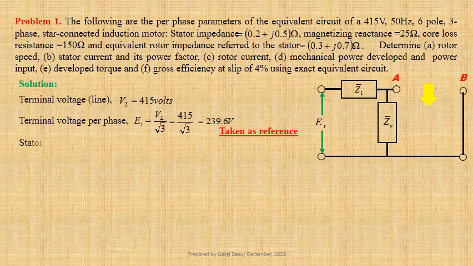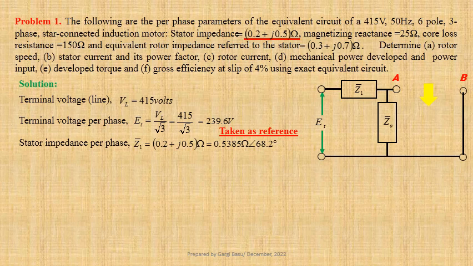Given stator impedance per phase Z1 equals 0.2 plus j times 0.5 ohm. This may be written in polar form as 0.5385 ohm at an angle 68.2 degree.